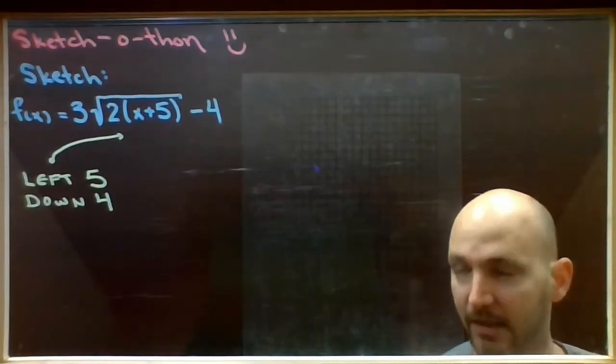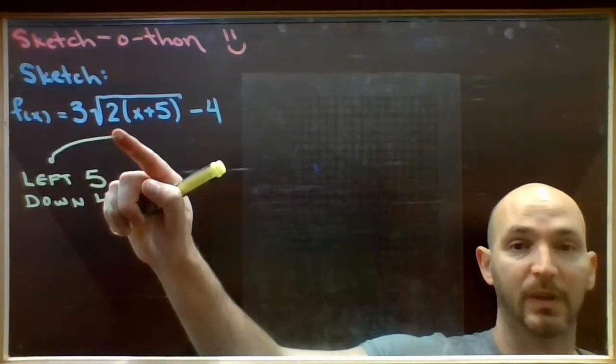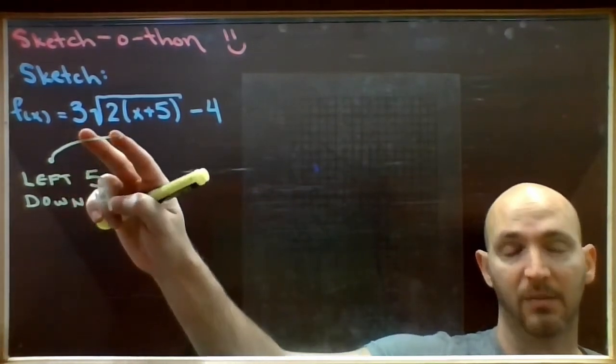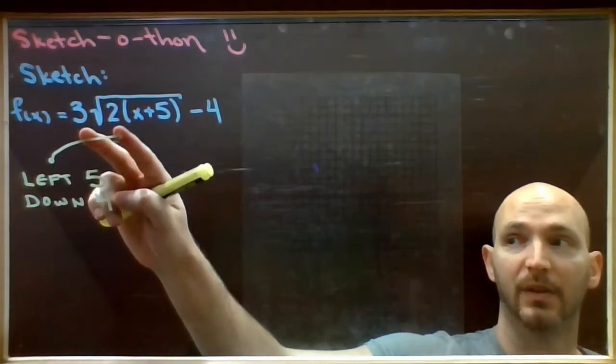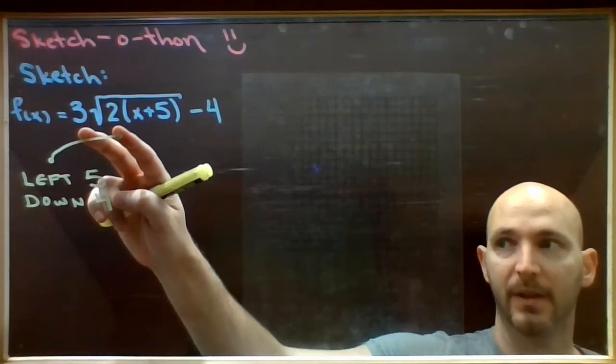And if I look inside the operator, I see a multiplication factor of 2, and the outside is a multiplication factor of 3. These 2 numbers are transformations, so they're going to actually stretch it or compress it, whatever they do.